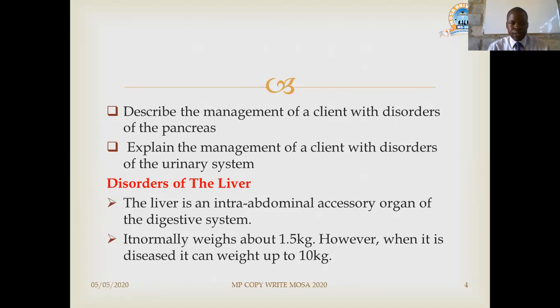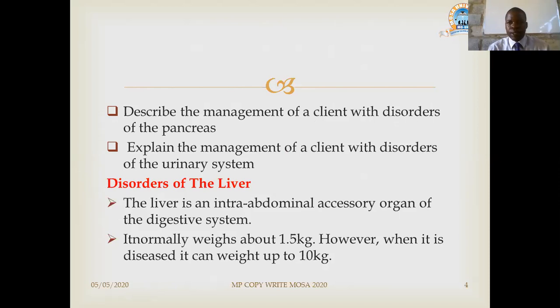The liver is an intra-abdominal accessory organ of the digestive system. It normally weighs about 1.5 kg. However, when it is diseased, it can weigh up to 10 kgs.